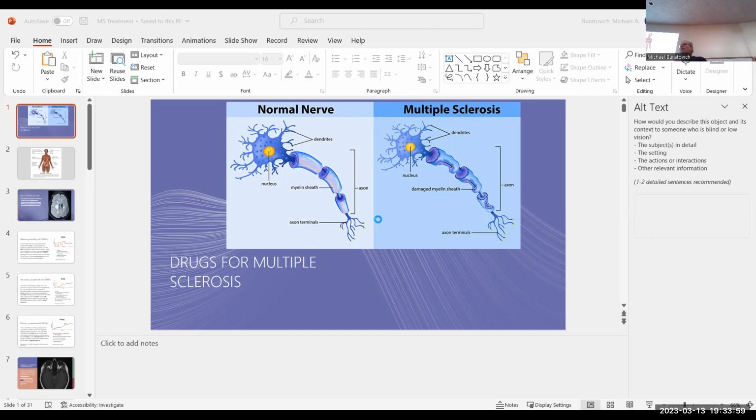Usually one of the first places you see MS manifested is in the visual system. You get a decrease in the field of vision. You also have problems with eye movements.